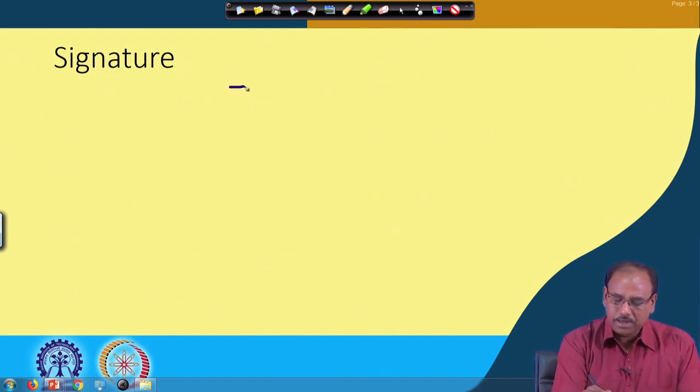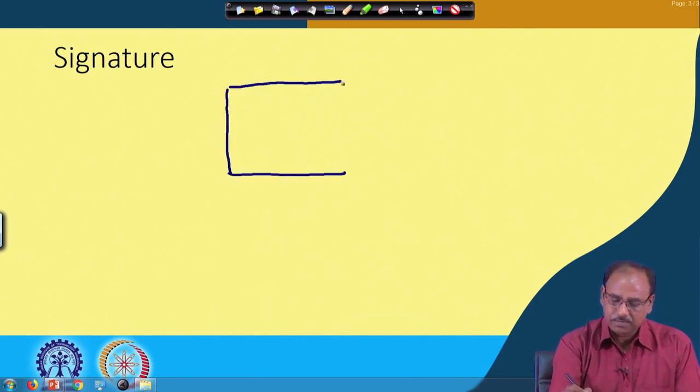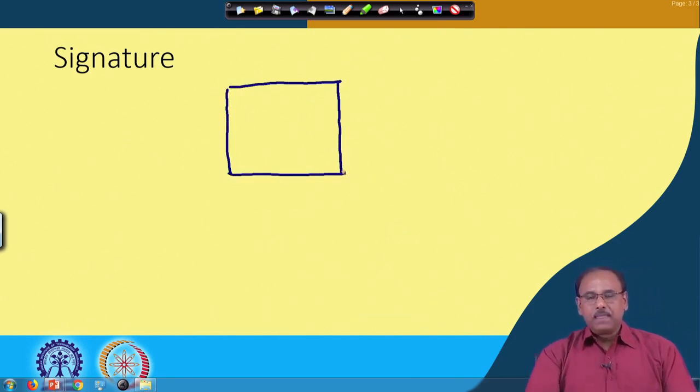So, I take a square something like this. What is signature? Signature is the plot of the distance of different boundary points from the centroid of this shape taken in various directions or in various orientations.